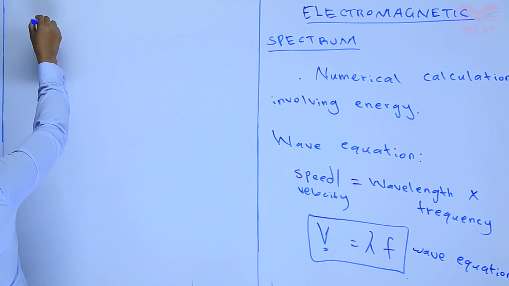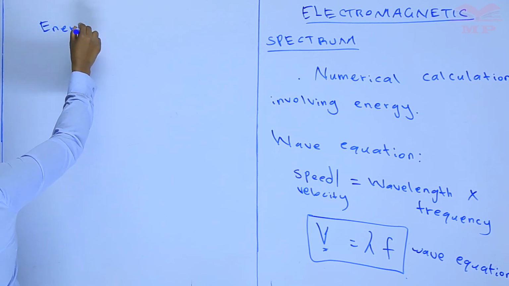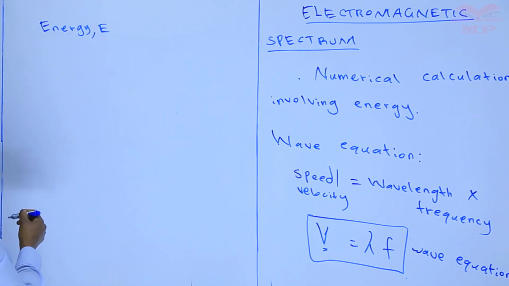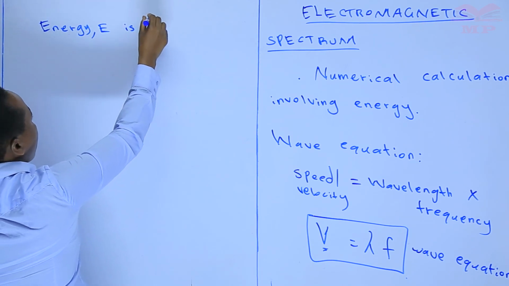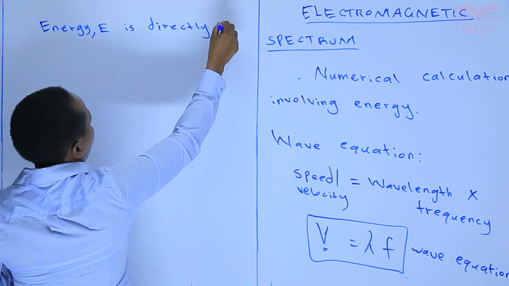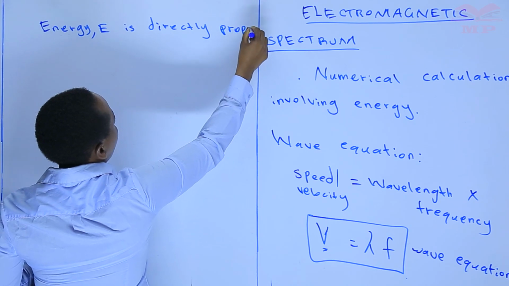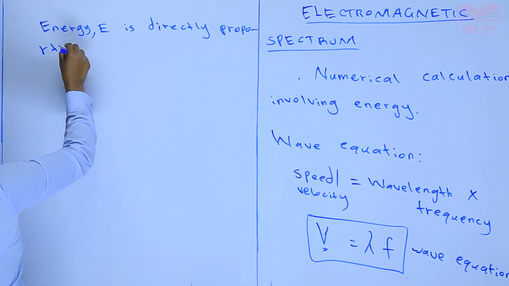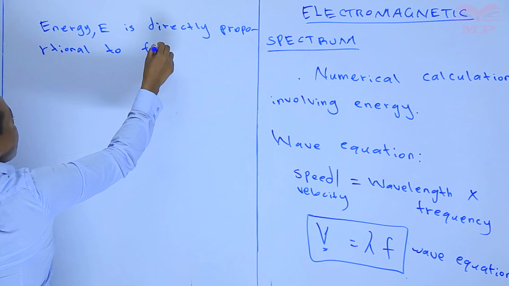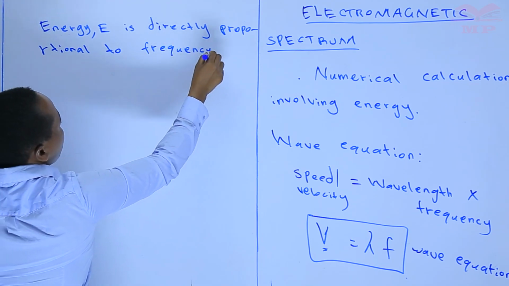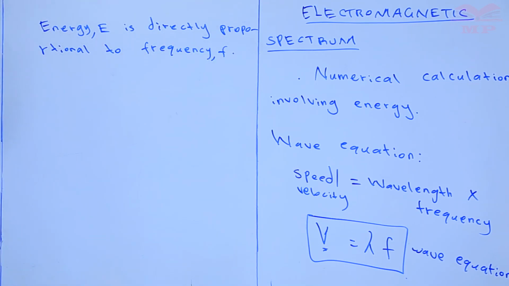So we can say that energy, represented by a capital letter E, is directly proportional to frequency, represented by a small letter f. Mathematically, E is directly proportional to f.